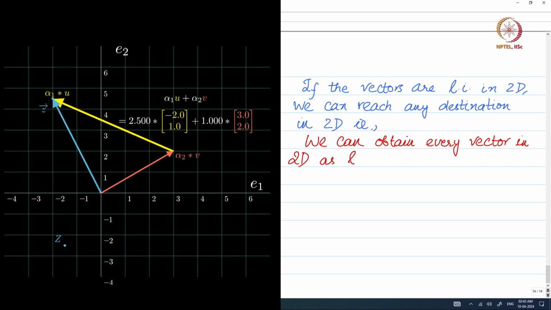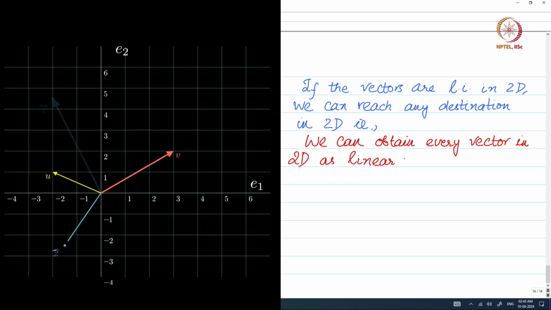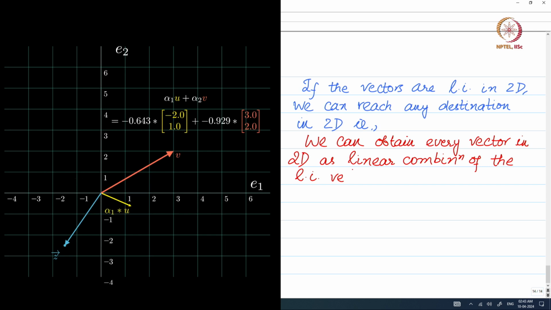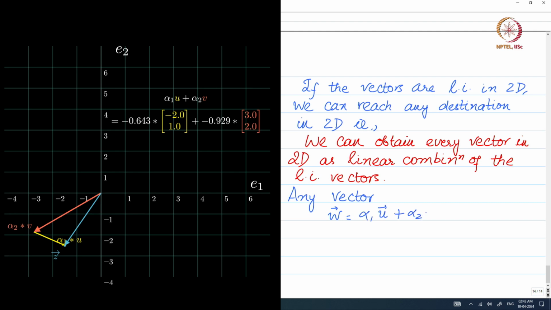That means any vector w can be obtained as alpha 1 u plus alpha 2 v, for alpha 1, alpha 2 scalars and u and v linearly independent vectors.